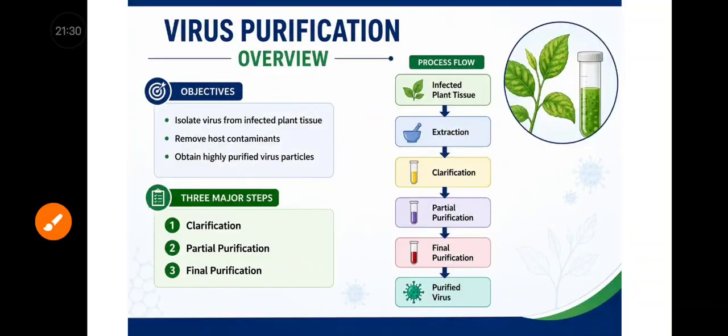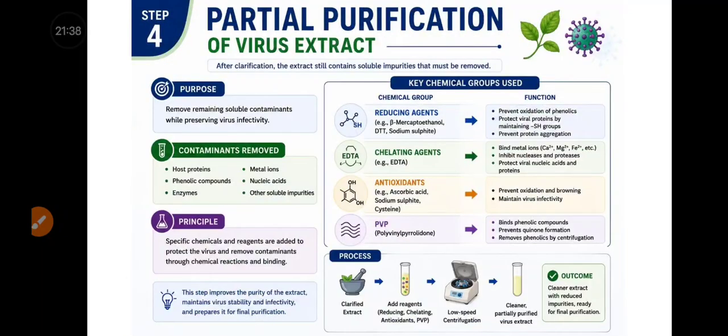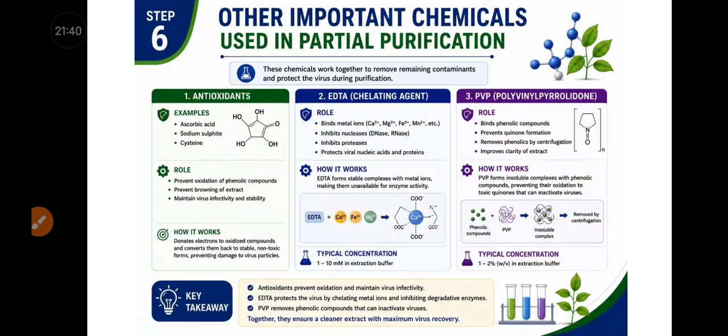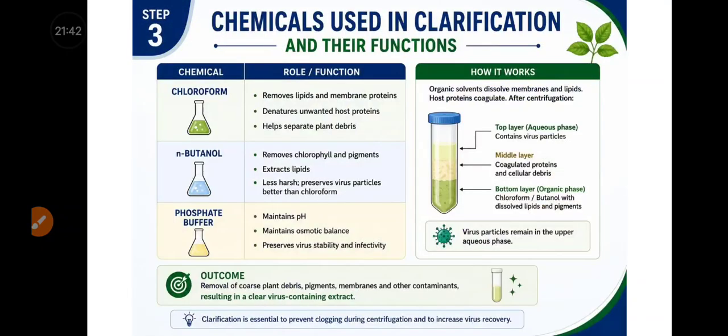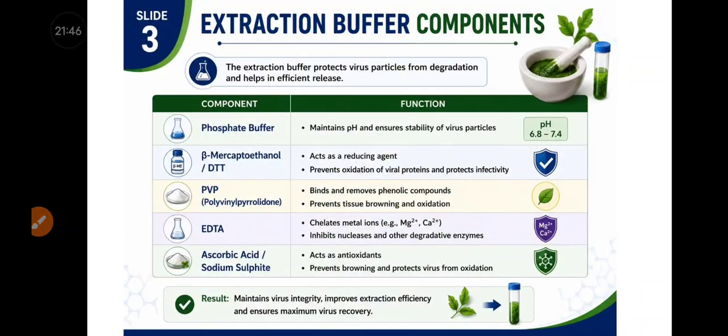In the next video we will discuss virus purification, the clarification, then the partial purification and final purification. If I discuss this also in the same video, it will become very lengthy.